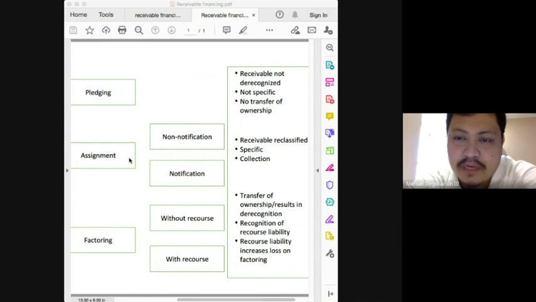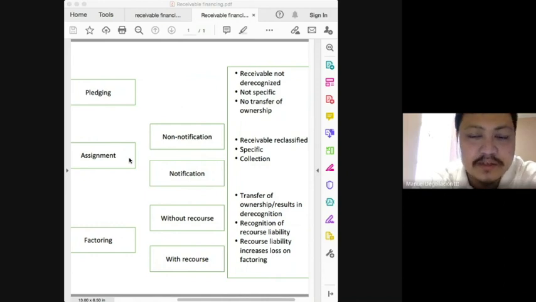Okay, so if you will ask why would someone want to buy our receivables, because they will be buying it for a price that is normally lesser than the amount of the receivable. So for example, if our receivables is 3 million, then definitely when we sell it, it will be at a lesser price.